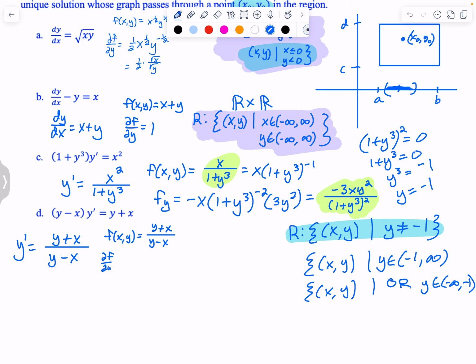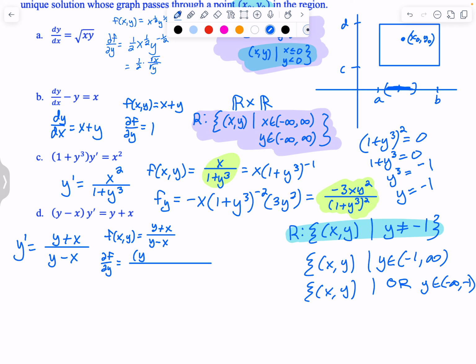df/dy, partial. Now, I like to write these rules out, like I said in the previous section. So it is low d high, I believe. Low d high first. My brain is kind of blanking, so I'm going to go ahead. Yep, low d high. That's right.